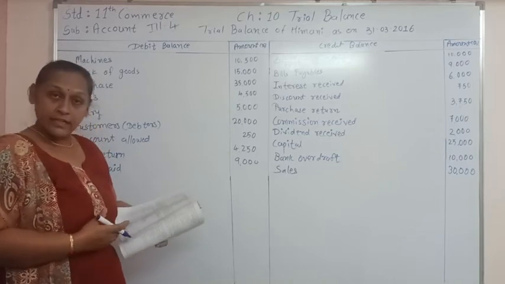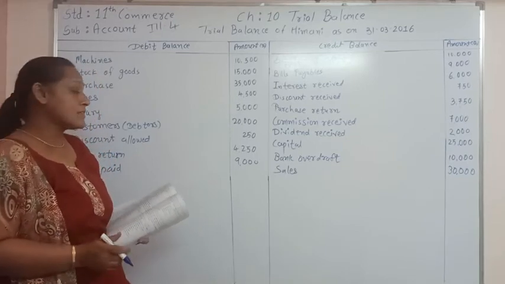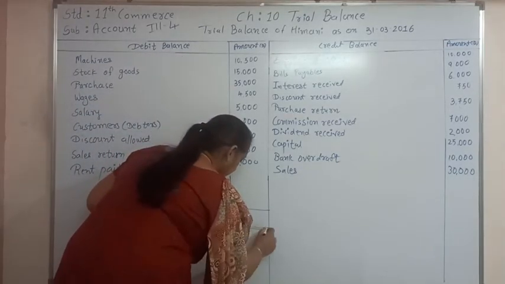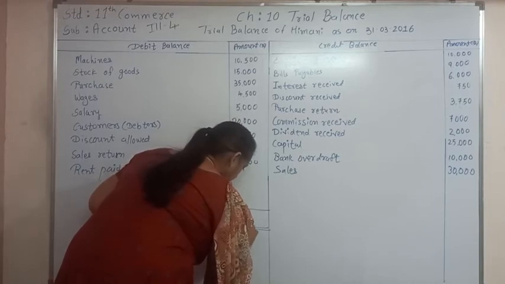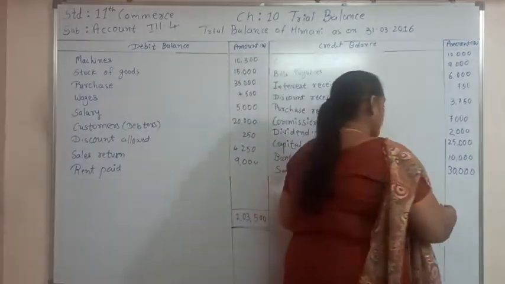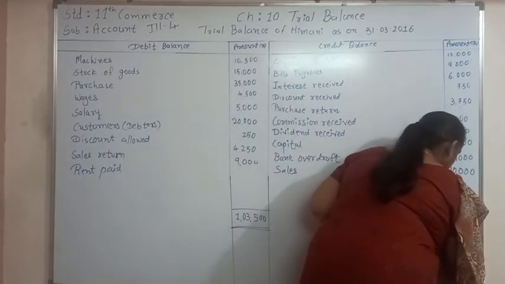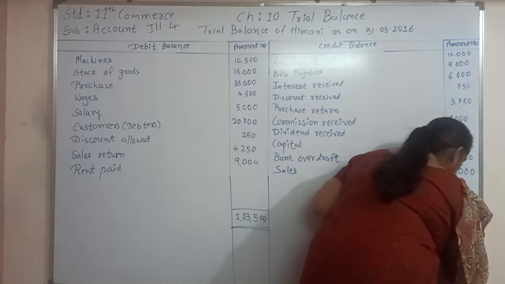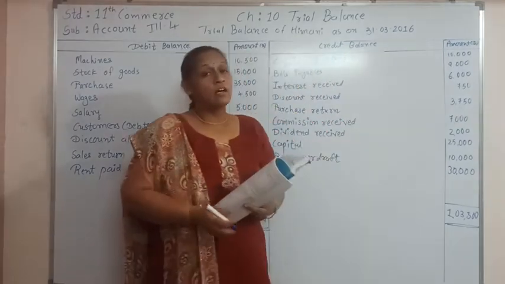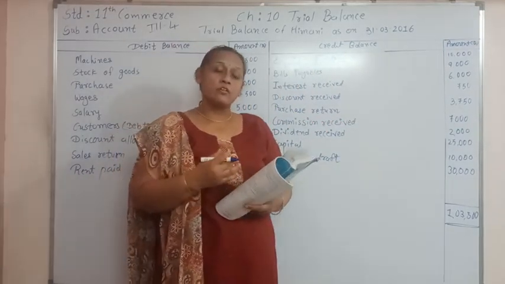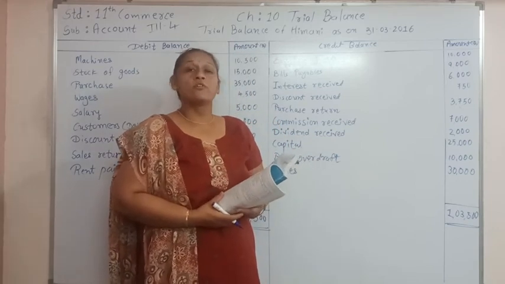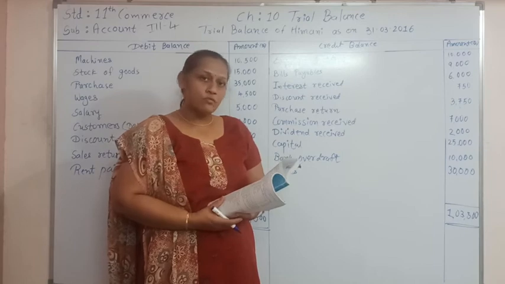So here we have corrected the trial balance, and the total of the trial balance is 1,03,500. Here again we can see the total of both sides is identical, so our trial balance is correct according to mathematics as well as according to the rules of accounts. So students, you may note this down in your notebook. Thank you for watching this video.